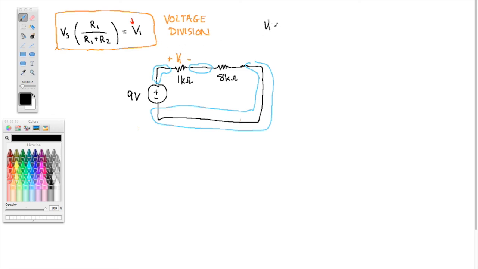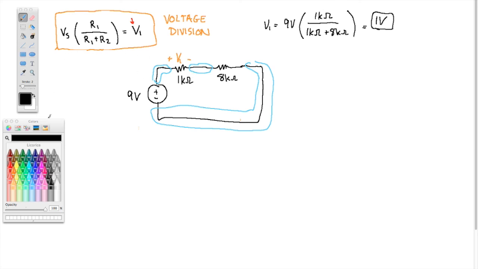So V1 equals 9 volts times the resistor whose voltage I want in the numerator, 1 kilo ohm, divided by 1 kilo ohm plus 8 kilo ohms. So that's 1 volt is the answer. So there's 1 volt there. You see, that enabled me to get the voltage across that without first calculating the current. That's the quick way of getting these voltages.